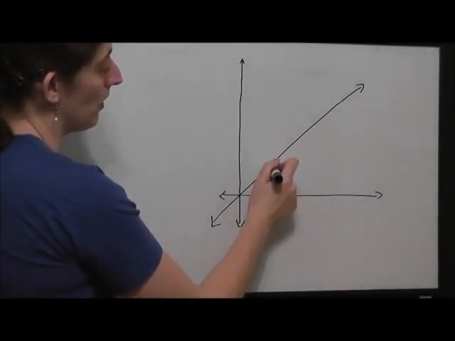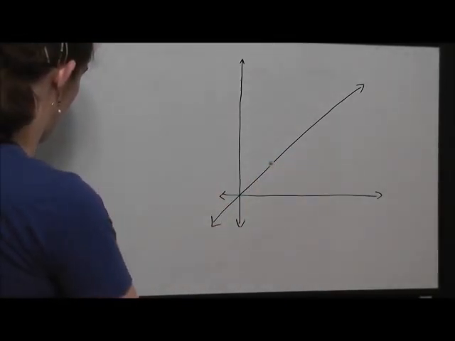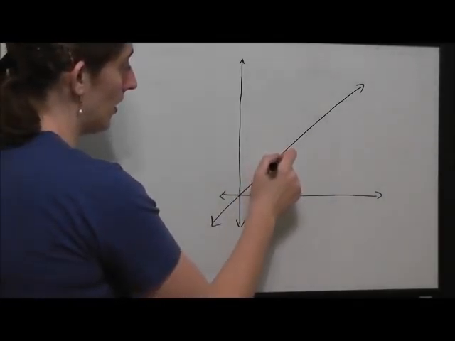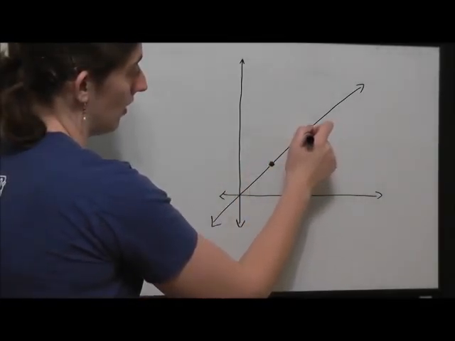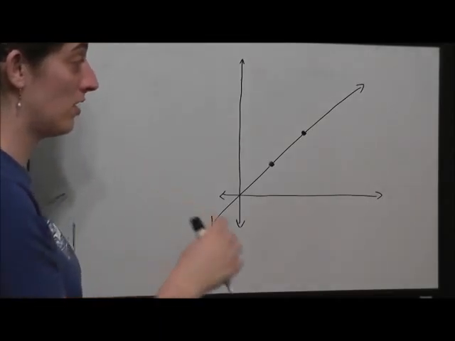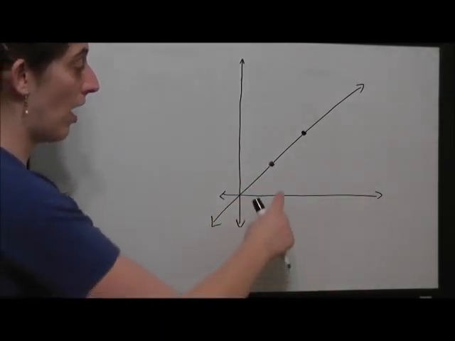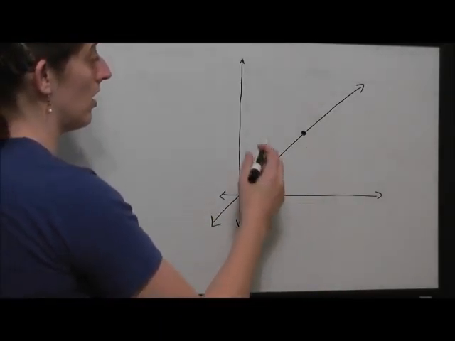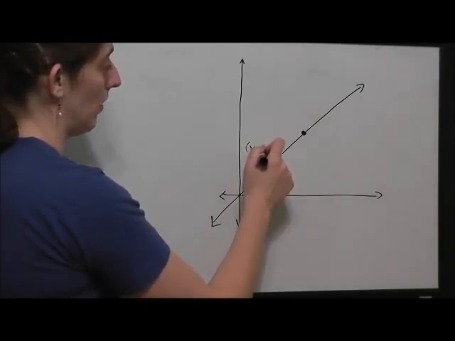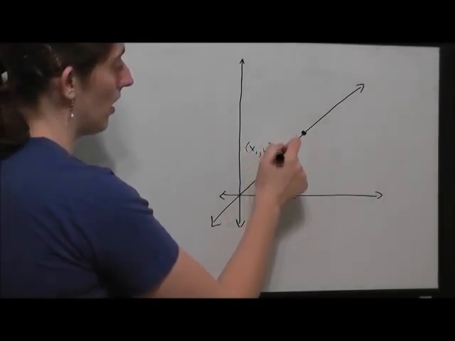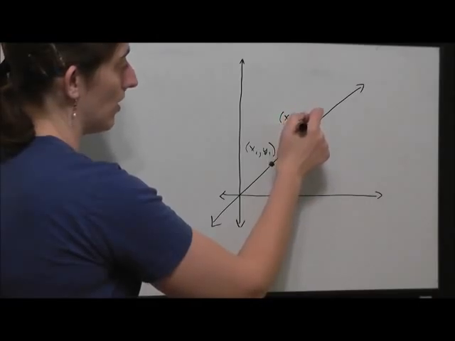So how would we figure out the slope of a line? There are multiple ways to do it, but the most common is to use 2 points. Let's say we have point x1, y1 and point x2, y2.